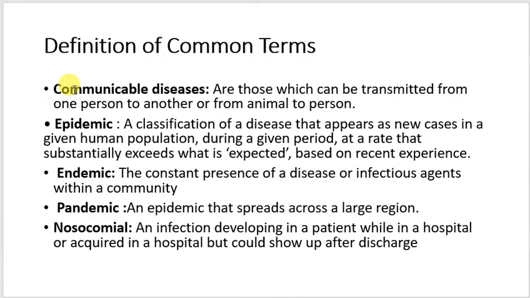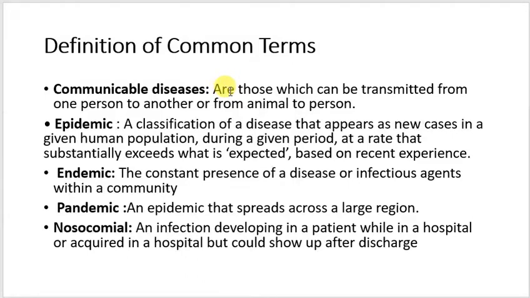So in definition of terms, we have these terms: communicable disease, epidemic, endemic, pandemic, and nosocomial. On communicable disease, as a part of definition, we say these are diseases which can be transmitted from one person to another person.